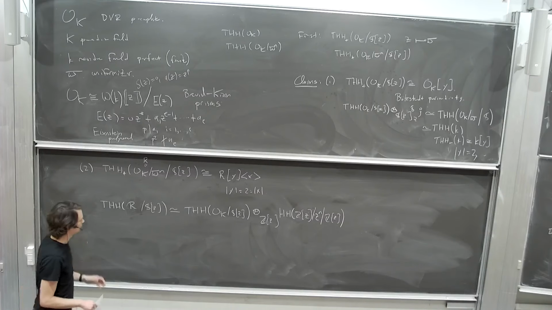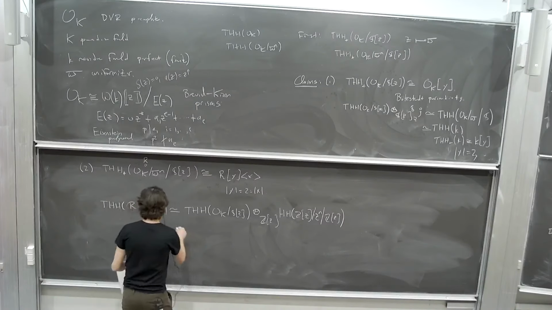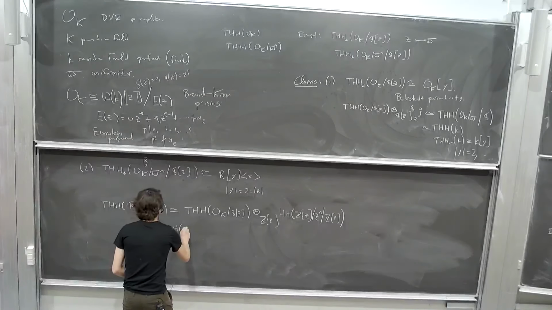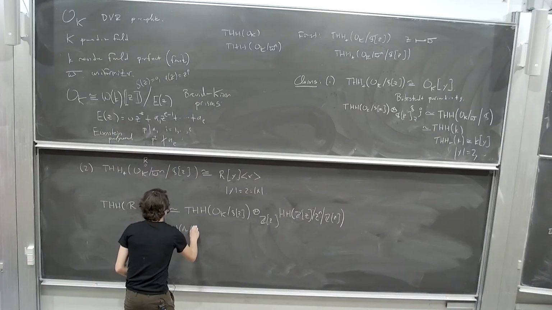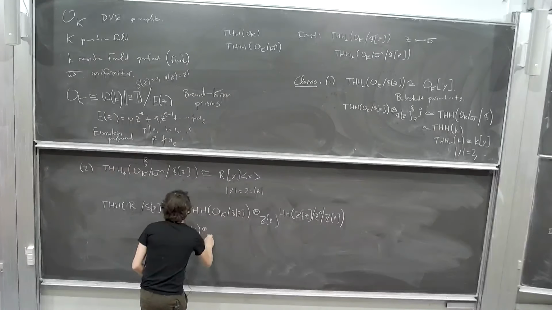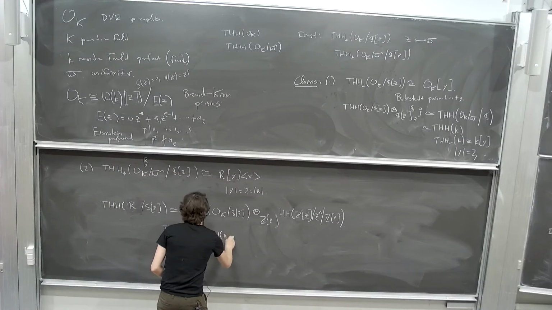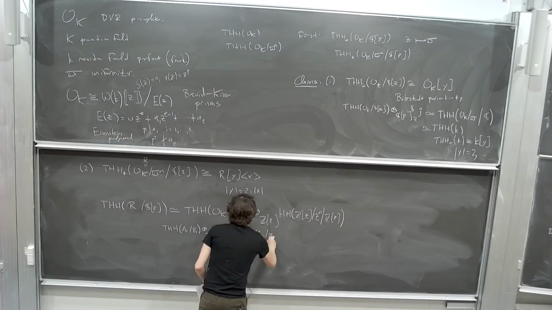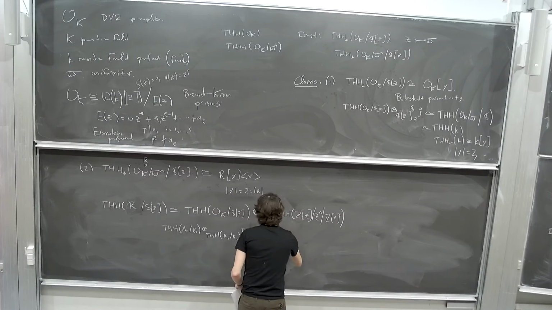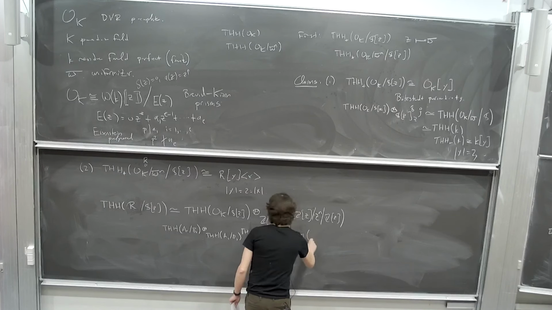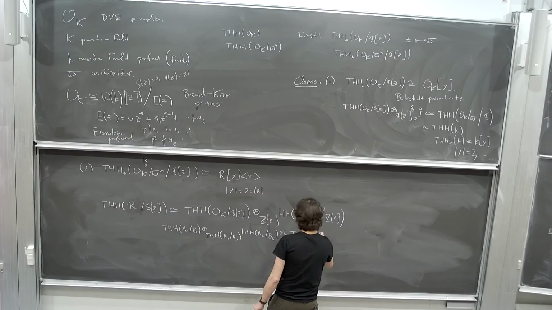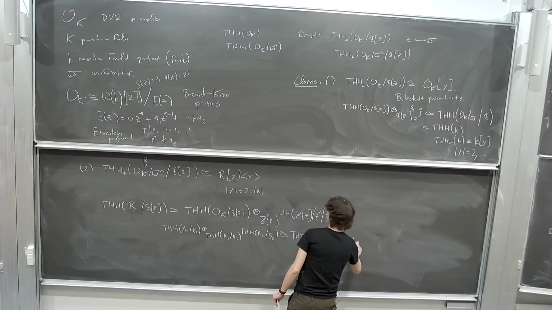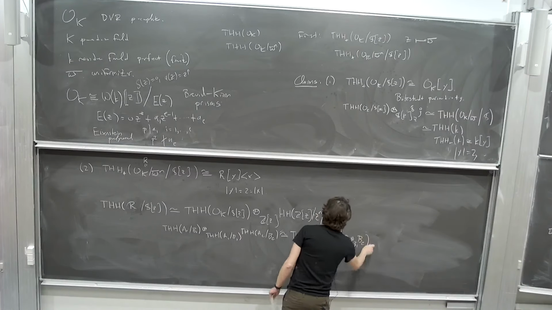This is an instance of the equivalence: THH of A0 over B0 tensor over THH of A1 over B1 with THH of A2 over B2 is equivalent to THH of A0 tensor over A1 with A2 over B0 tensor over B1 with B2, which is not hard to check.